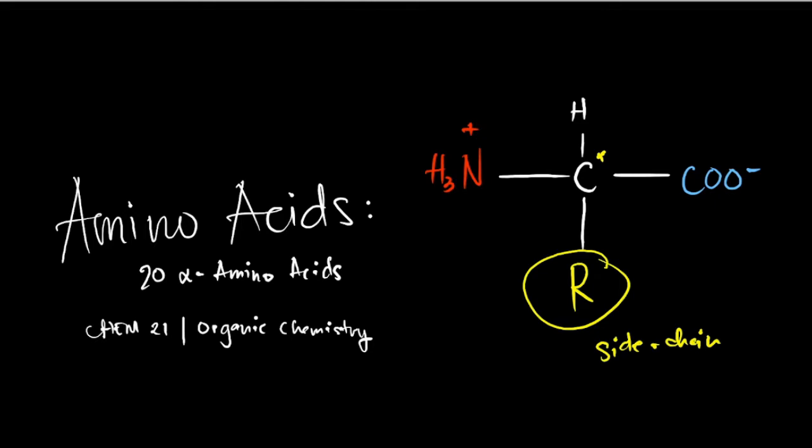There are actually seven categories or classes of amino acids based on those side chains na titingnan natin. And for today, we will be discussing 20 of them. This is actually apart from what we call essential amino acids, though some of these 20 alpha amino acids, or yung tinatawag ng iba na standard amino acids, are included in this discussion.